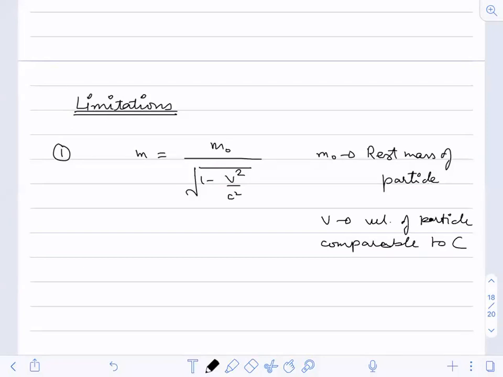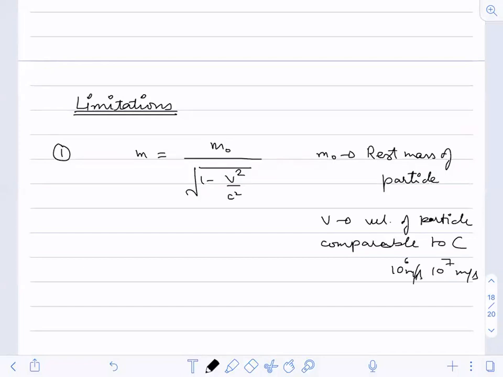If it is not comparable to c, then this is not used. Comparable to c means it should be somewhere around 10 to the power 6, 10 to the power 7 meters per second, like that. Then we can say it is comparable.